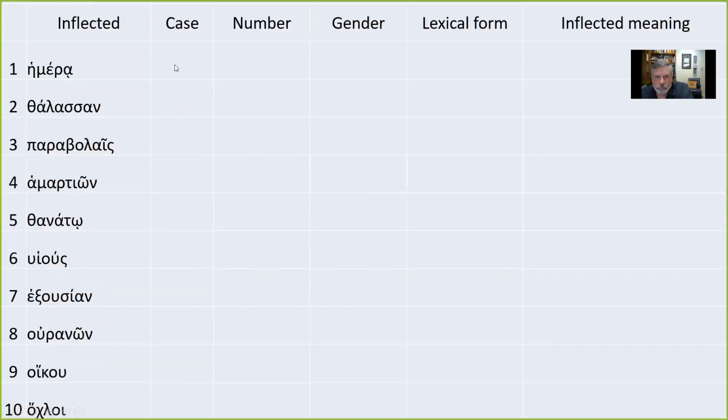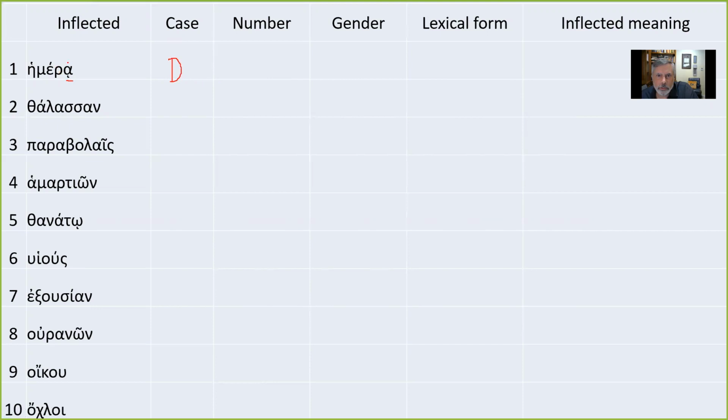So the homework, we'll do the homework, and the first one is hemera. Let me see if it'll let me change to a pen. I don't know how well this will work. Okay. Hemera, and so the case: we have the subscript iota right there, so the case would be the dative case.